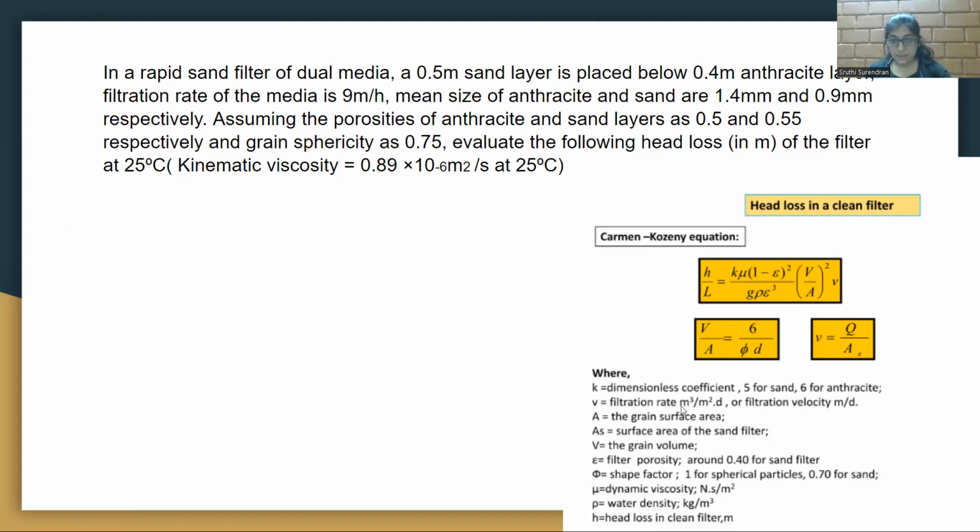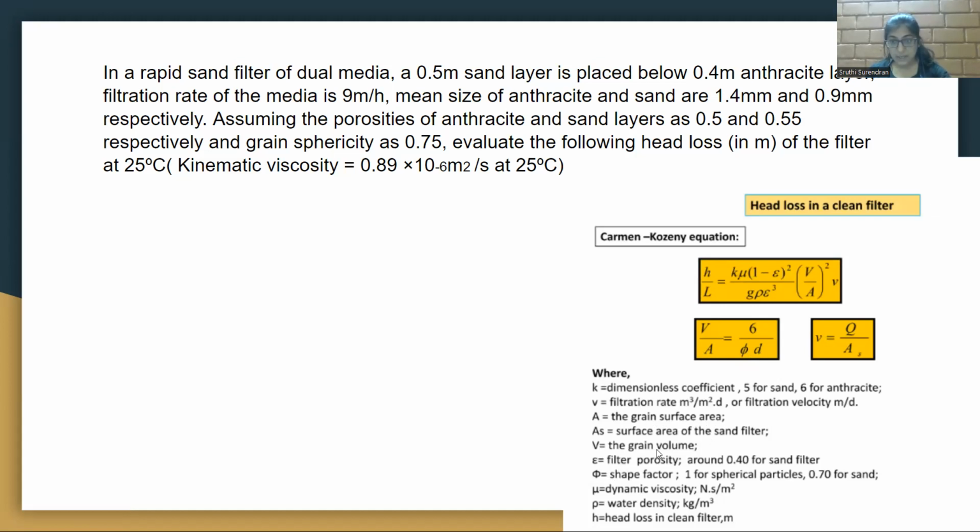V is the filtration rate that has also been provided in this question. A is the grain surface area, which can be found by multiplying the sphericity of the grain by the diameter size of the grain. Here sphericity is given as 0.75 and the diameter of the particle is also given. If you multiply those two, you will get the grain surface area.